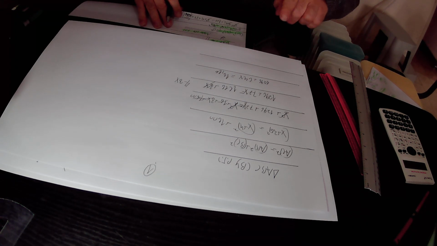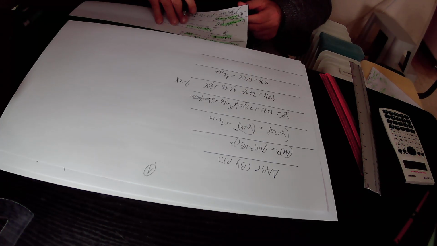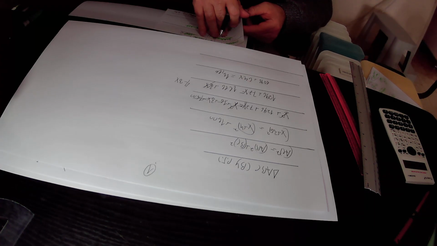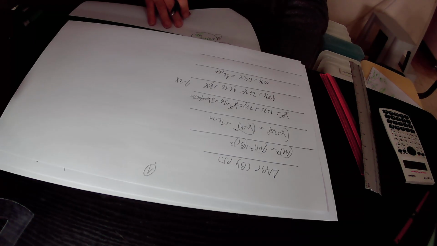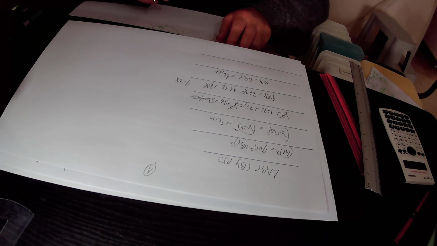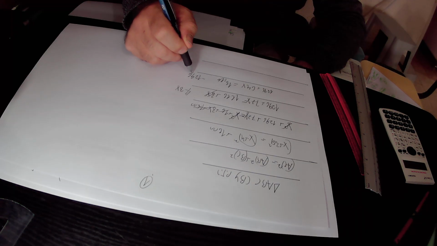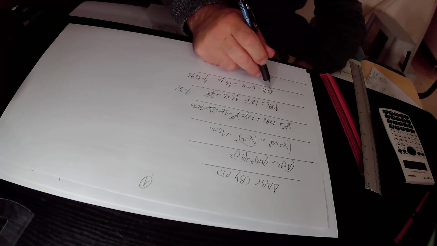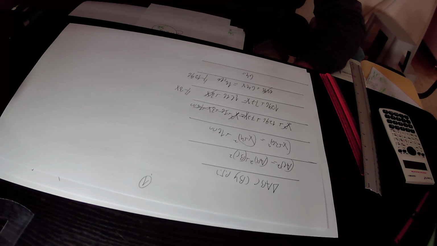So in total, we found that 1296 plus 64x equals 1616. Here we subtract 1296 from this equation. Here 1296 gets cancelled, and we are left only with 64x equals 1616 minus 1296, which equals 320.